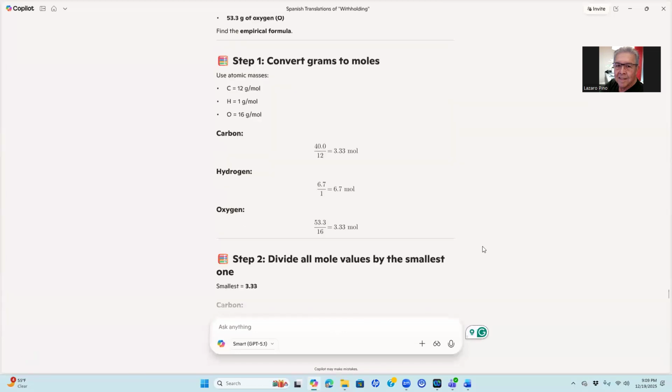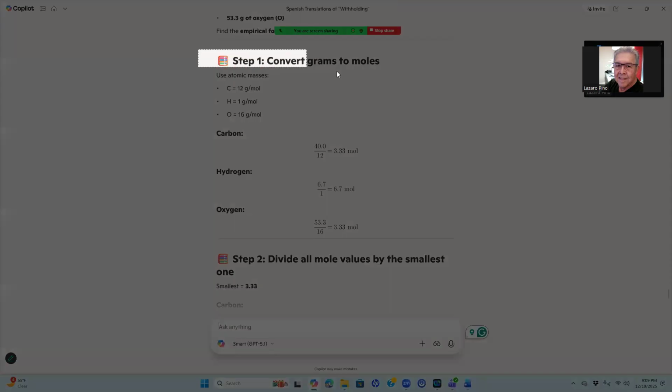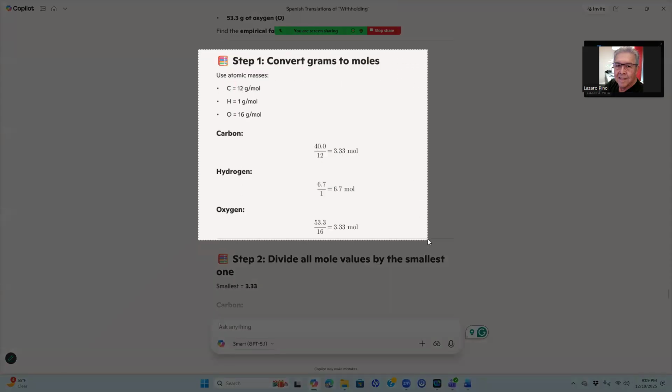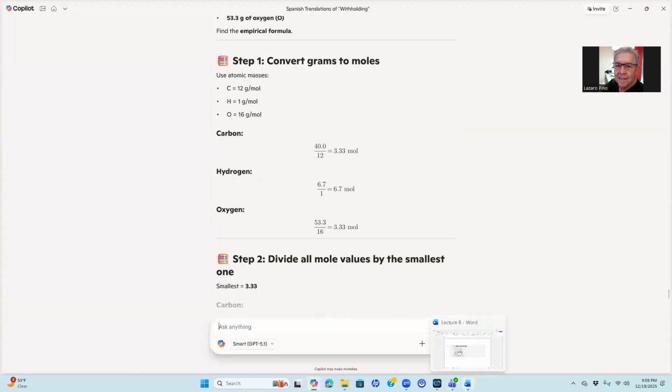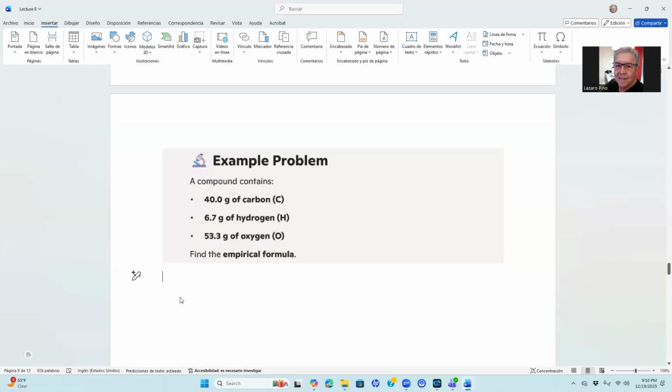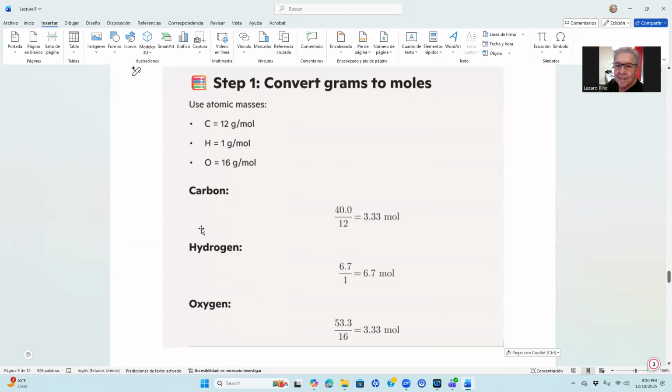So what do you do? Well, the following step is to convert grams into moles. How? Dividing by the atomic mass that is in the periodic table. Then carbon, that is 40 grams, divided by 12, that is the atomic mass, gives you 3.33 moles.